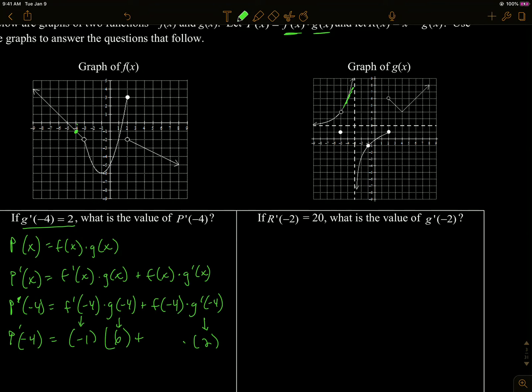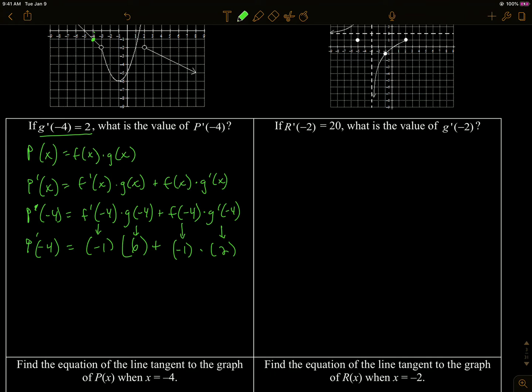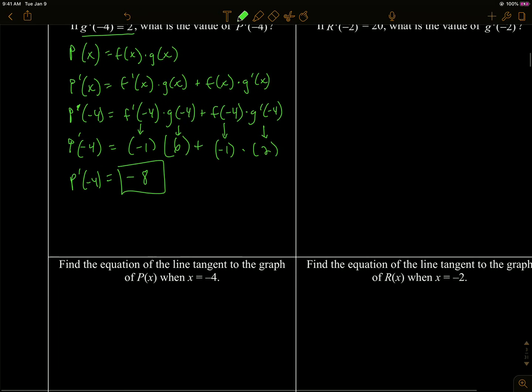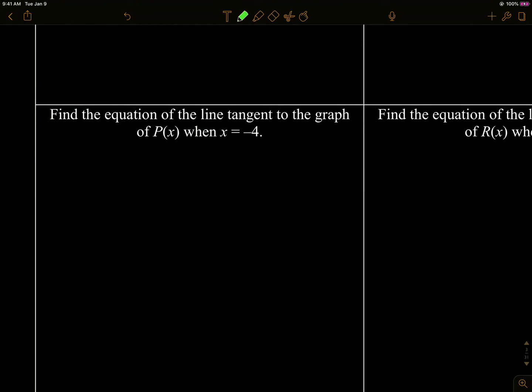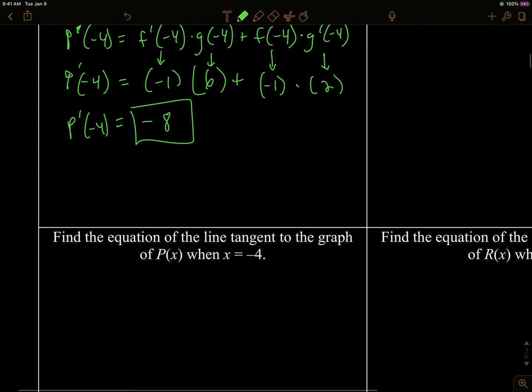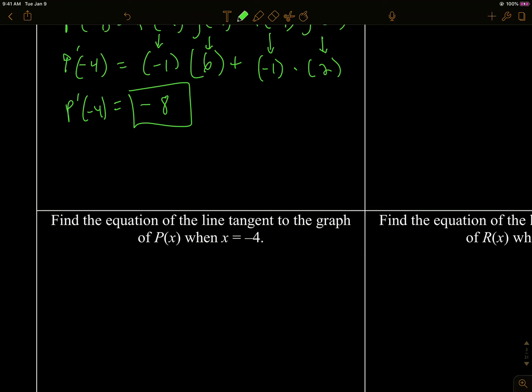Then f of negative 4, if I look on the graph of f and just grab the y value, I get negative 1. So then when I do out this simplification here, I'm going to get negative 8 for my p prime of negative 4. And then it says, find the equation of the tangent line to the graph of p of x when x equals negative 4. Well, to write the equation of the tangent line, we need the point of tangency.